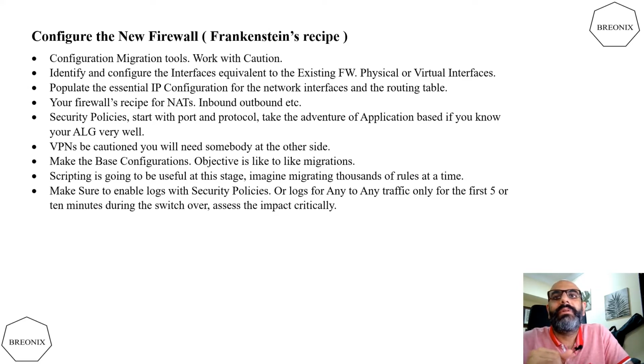So we usually start with the port and protocol, and if you know your application engine very well, go ahead, apply the things, but most of the time it's the port and protocol that we choose for the initial production stage of the firewall.